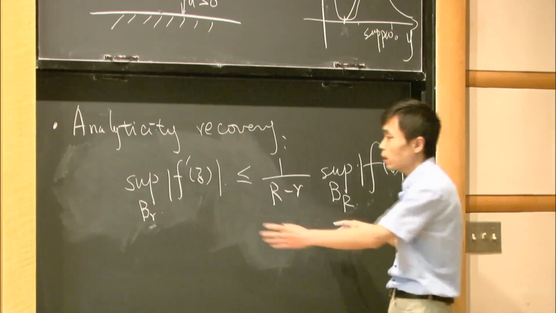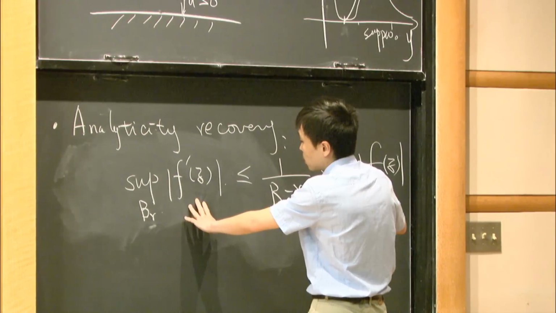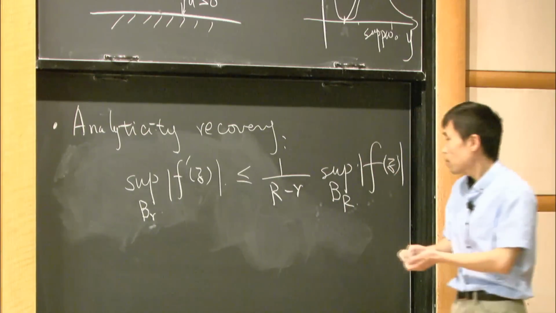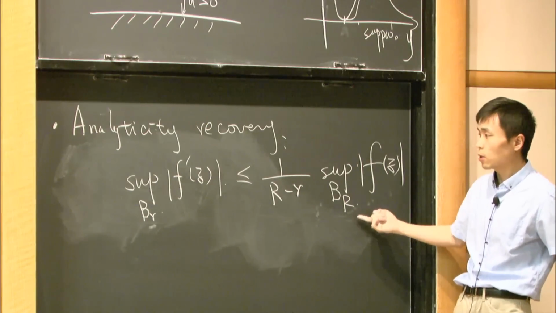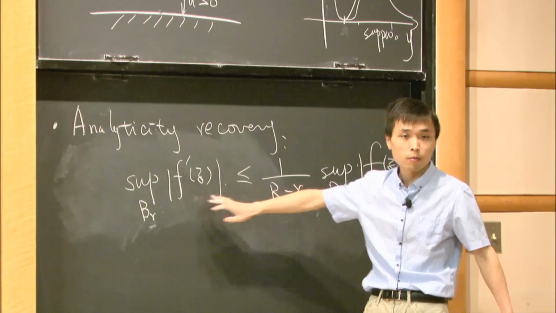So actually, the main thing about this kind of recovery is that we can sacrifice some space, but the upshot is that we can gain one more derivative here, right?